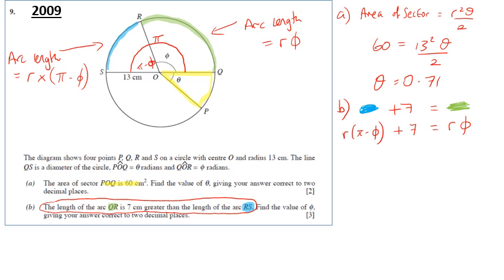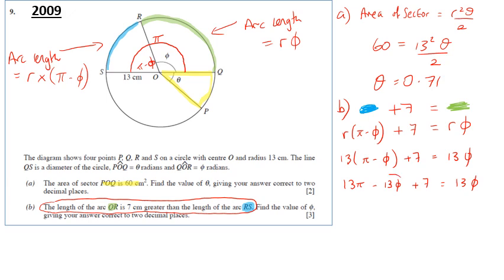I can put r in. I could have put r in already if I wanted to. R is 13. And now I've got an equation with just one unknown. The only unknown there is the phi, so now I can solve it. So I could expand the bracket, 13 pi minus 13 phi plus 7 equals 13 phi.